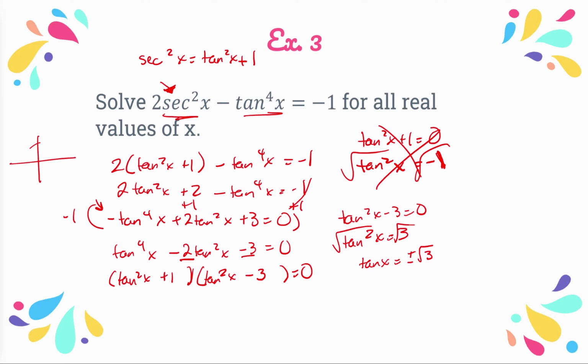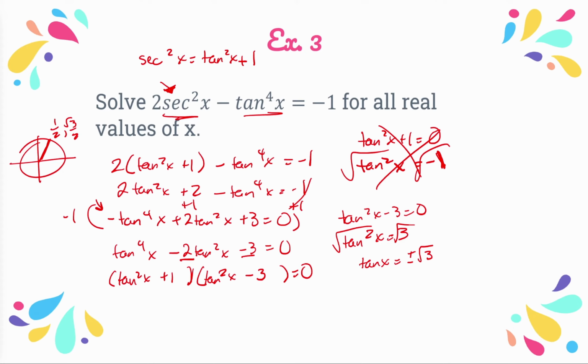So where on the unit circle do we get a tangent of plus or minus the square root of 3? That's going to be where the sine equals the square root of 3 over 2, and the cosine equals 1/2. Square root of 3 over 2 over 1/2 is root 3.